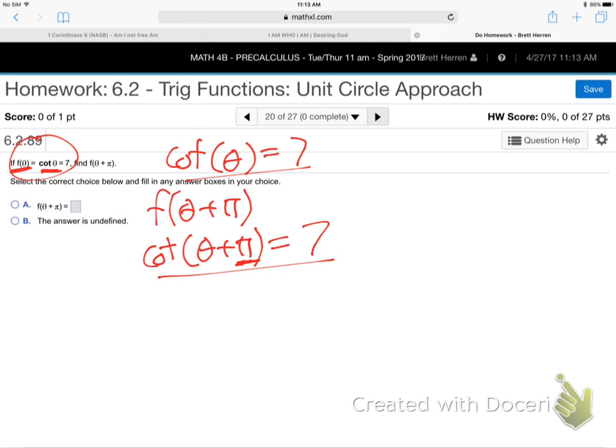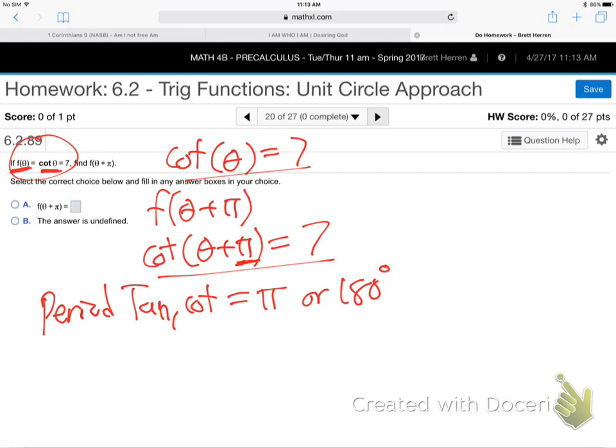The reason is because the period of the tangent and his upside down, his reciprocal, cotangent, is pi, or 180 degrees. Are you aware of that? If you know that cotangent and tangent, their period, their cycle of repetition is pi. Every pi, or say 180 degrees, same thing.